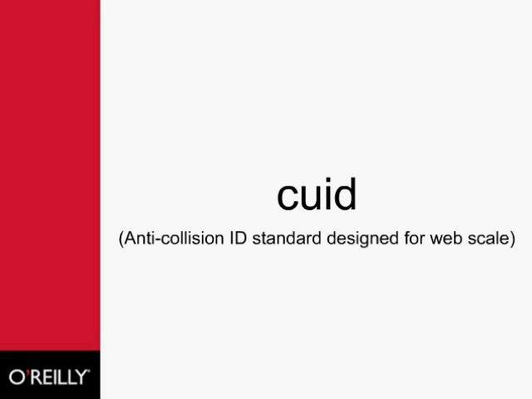CUID is just a simple replacement for a GUID or something like that. But the idea is that a lot of GUID utilities don't work very well when you start spanning multiple machines and generating tens or hundreds of IDs in the same millisecond.